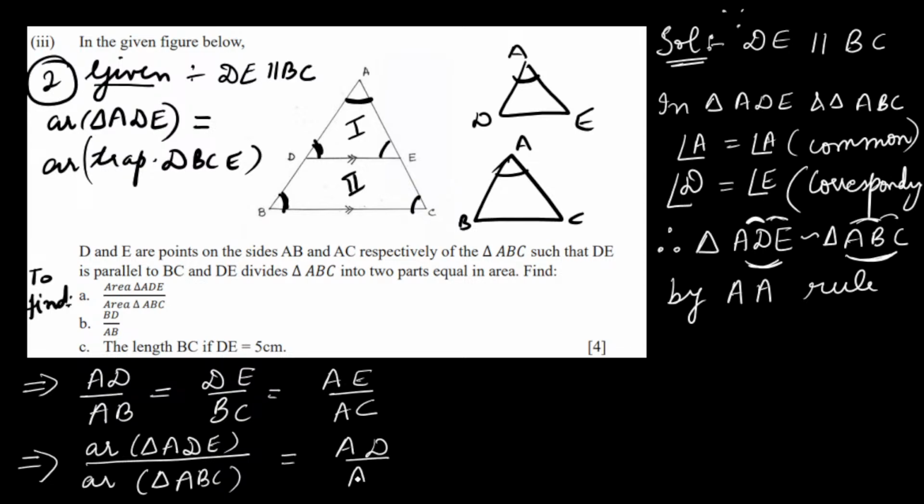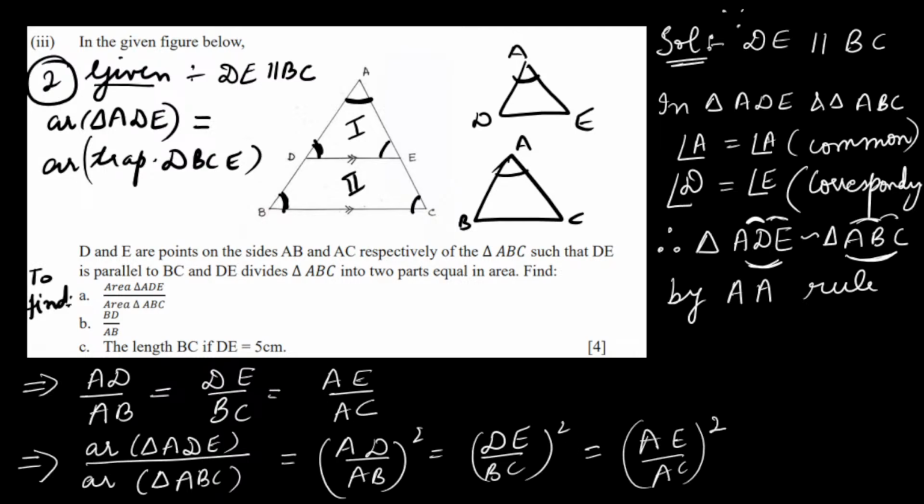So AD by AB whole square equals DE by BC whole square is equal to AE by AC whole square. These two things we know with the help of similarity.